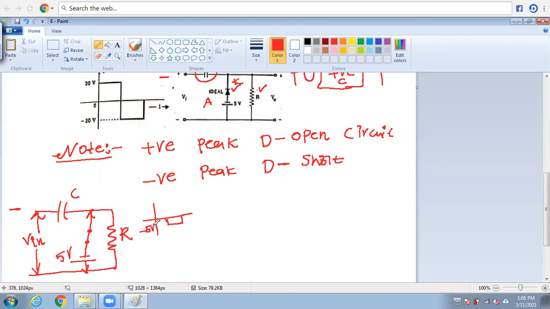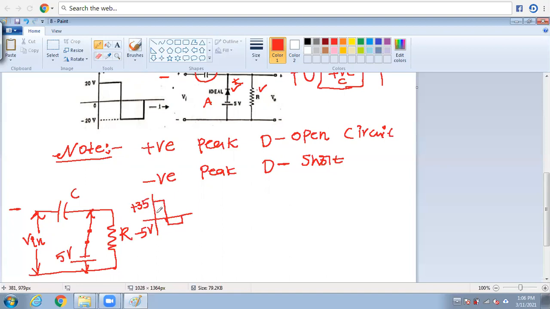Based on our previous experience, what type of clamping is this? Positive clamping. So 5 volts is already maintained at the output side. The remaining 35 volts, we can observe here, is plus 35 volts. Why?